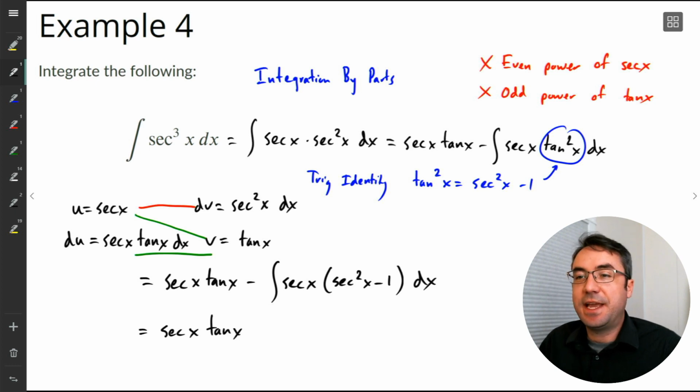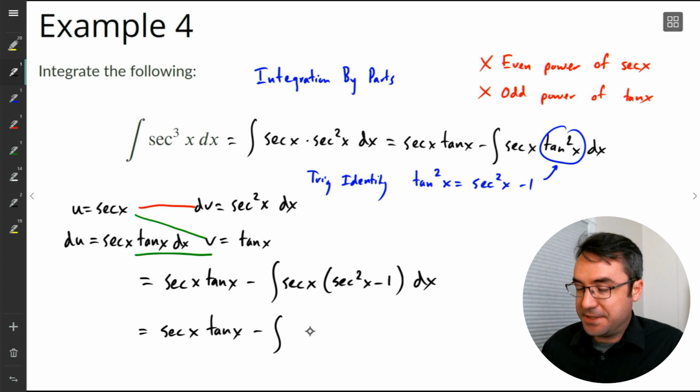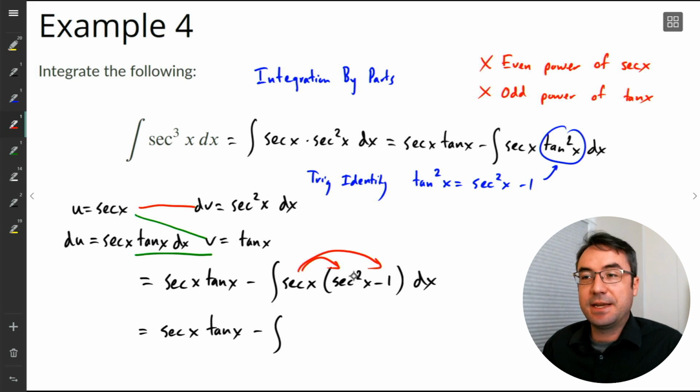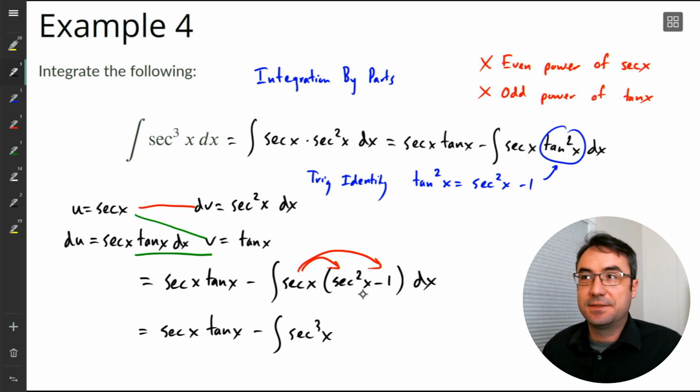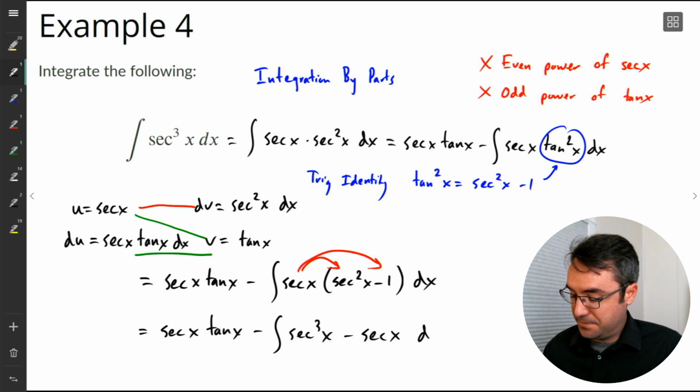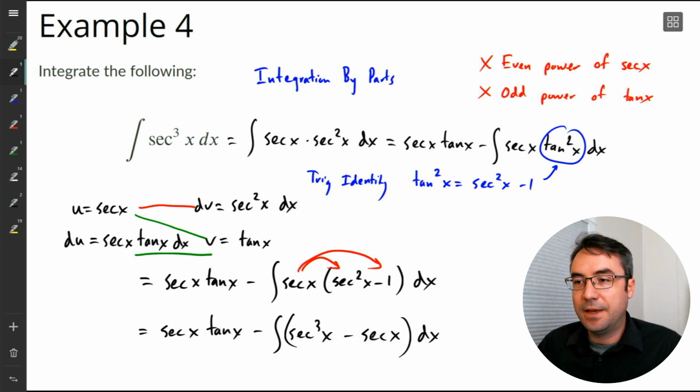So we're going to have secant times tangent, and then minus the integral of, let's actually distribute this, secant times secant squared. So that's going to give us secant cubed, and then minus secant.